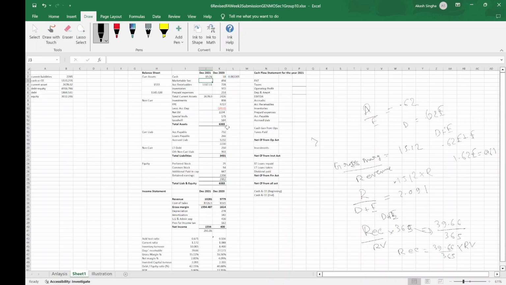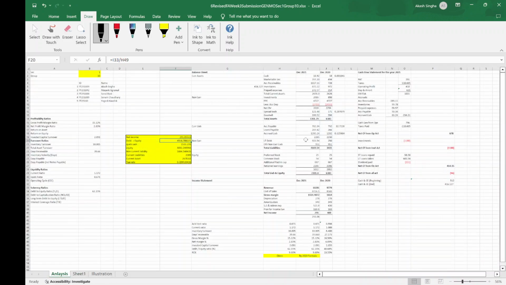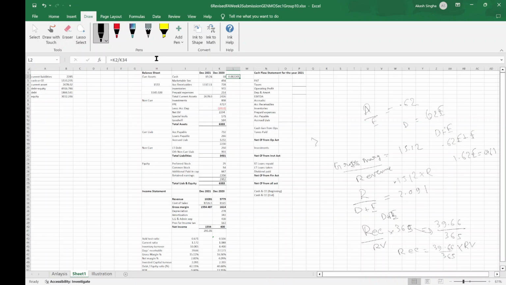So 19.24, or it was revenue. Let me check once. So it was given, okay, it was on revenue. So he said that it depends on different company. I'm not sure.